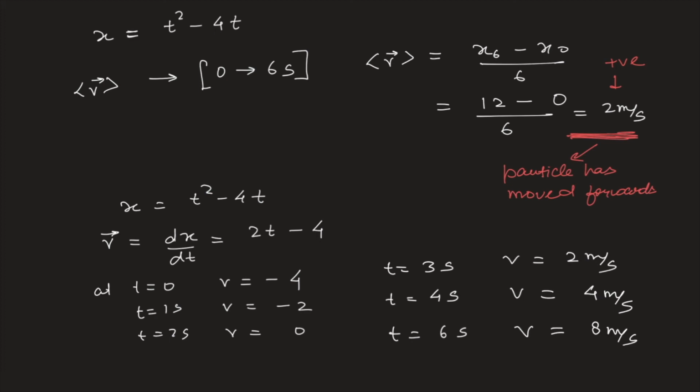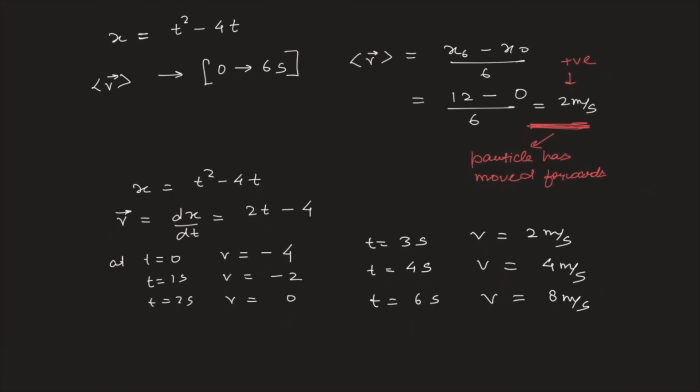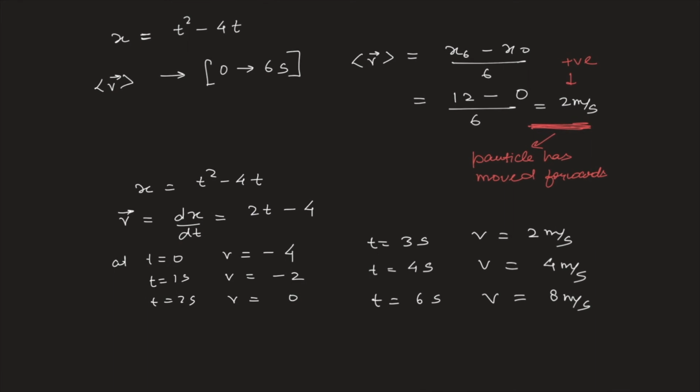Now what does all this data tell us? It gives us a very interesting observation. Let me draw a straight line here. The particle starts at x equals 0, but at t equals 0, my particle isn't moving forwards, it is moving backwards, as you can see from the instantaneous velocity. So instantaneous velocity is minus 4, hai na?